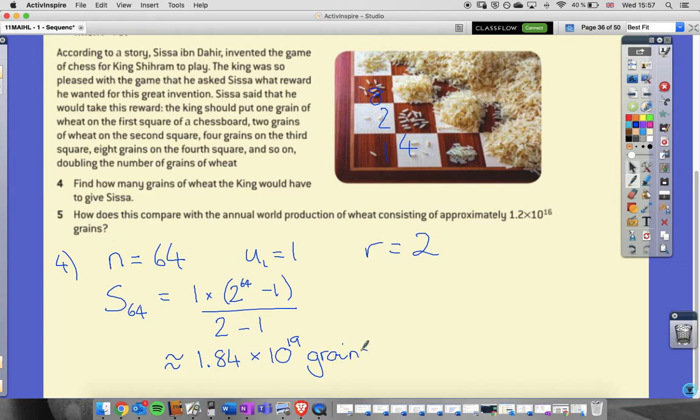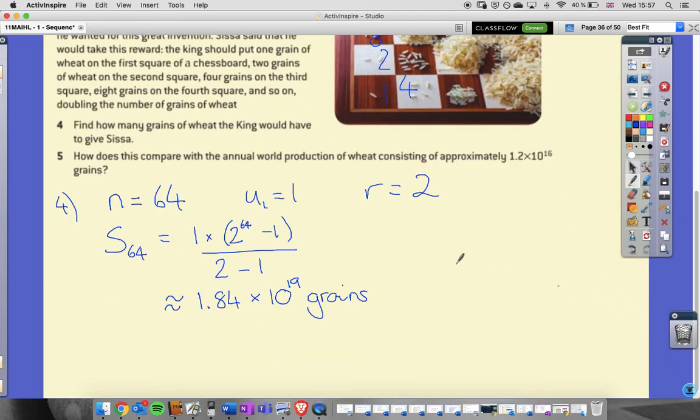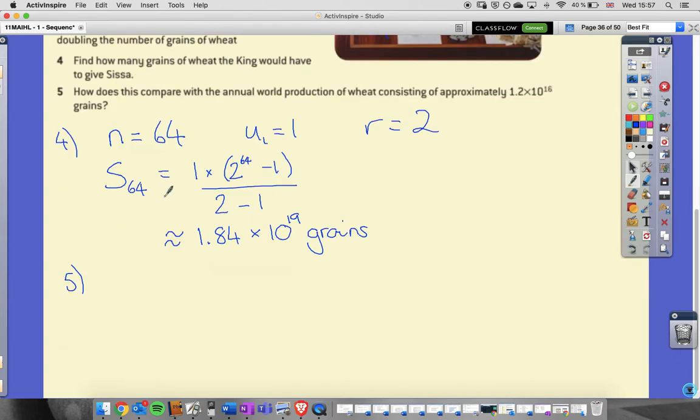Depending on which version of the story you read, this bankrupts the king because he cannot provide this. Question 5 follows this up. It says, how does this compare with the annual world production of wheat, consisting of approximately 1.2 times 10 to the power of 16 grains? Now, an obvious answer would be, oh, it's much bigger. A slightly more rigorous answer would be to think about how much bigger it is.